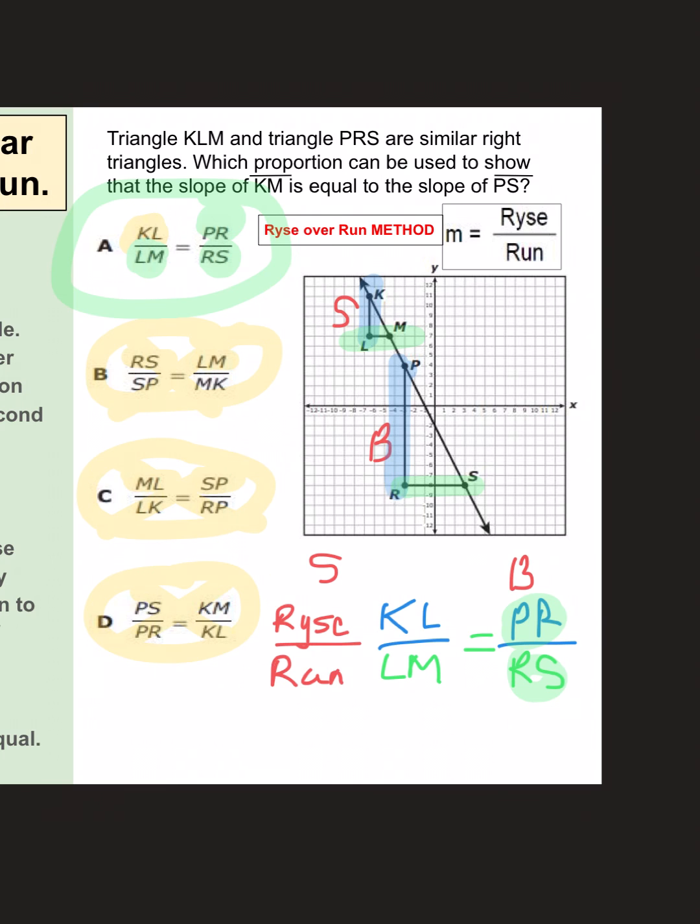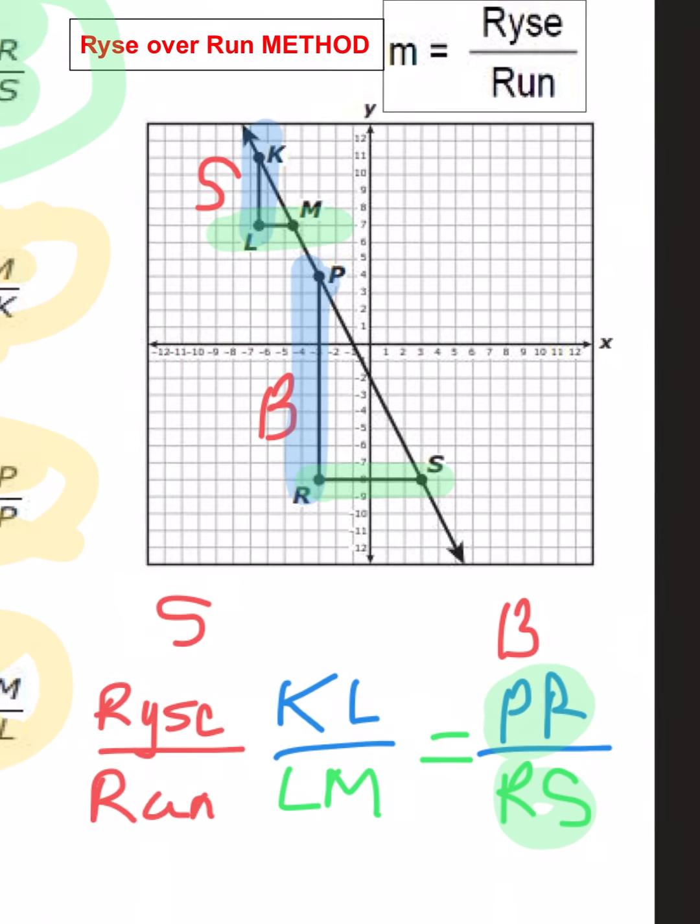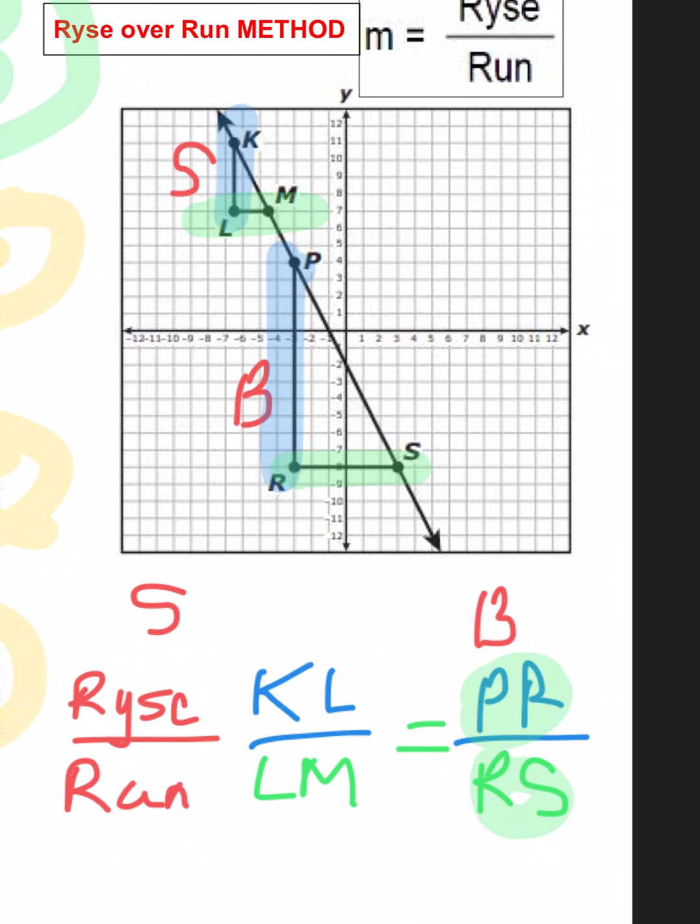So if I go on my small triangle, I'm going to do KL. So KL is, maybe I need to zoom a little bit more. So here, KL is rise 1, 2, 3, 4, -4. And I'm going to run.